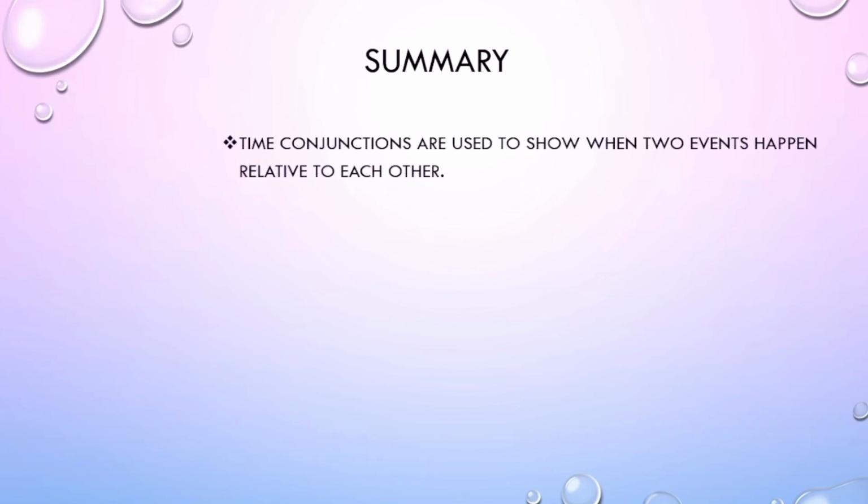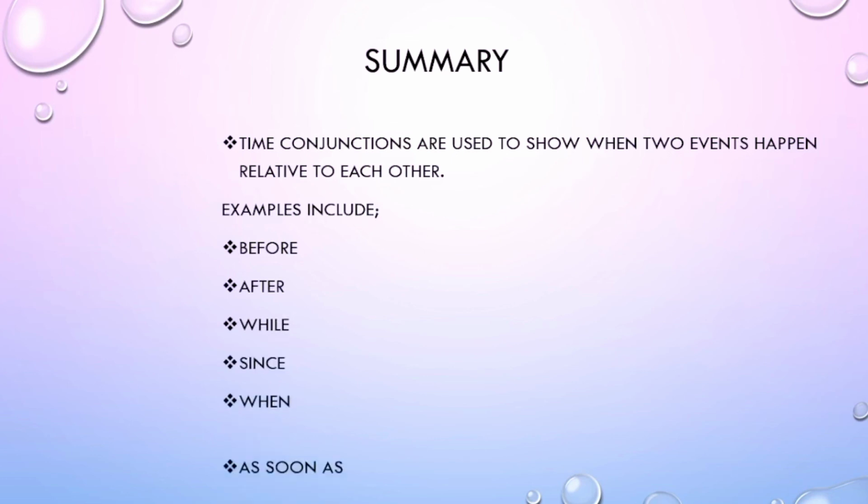Let us quickly look at the summary. What have we learned? Firstly, time conjunctions are used to show when two events happen relative to each other. Examples of time conjunctions include before, after, while, since, when, as soon as, and no sooner had dash dash done. These dashes here show that there is something that is supposed to be here.